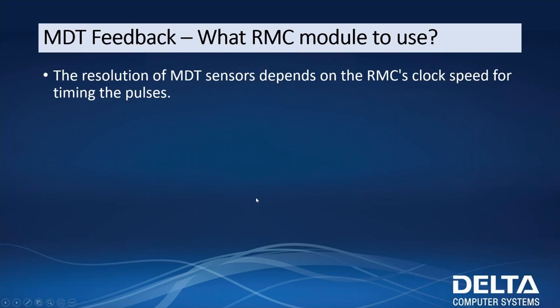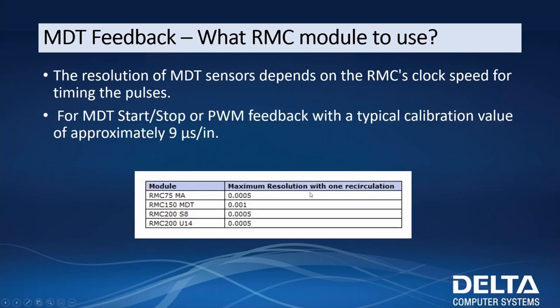There's a couple more things to keep in mind when you're choosing an RMC module. The resolution of the MDT sensor depends on the RMC's clock speed for timing the pulses, right? Which makes sense because that's basically what we're doing. We're timing in between our pulses, and then we calculate a position based off that. So here's a quick little table of what we can do with different controllers.